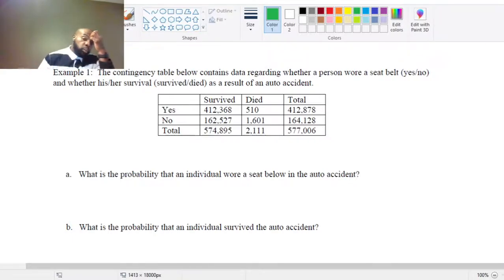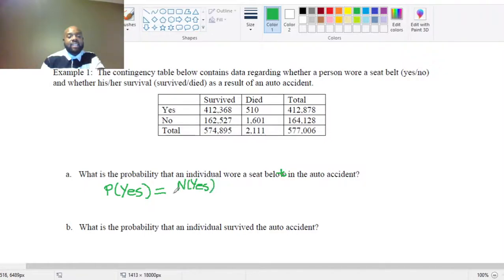All right. We want to calculate the probability that an individual wore a seatbelt in the auto accident, and that should be not below, but belt. So the probability that someone wore a seatbelt, let's say that's yes in our table, is the number of elements in our sample space that said yes divided by the total number of elements in our sample space. I'm still going to use S for the sample space, but I'm looking for yes here.